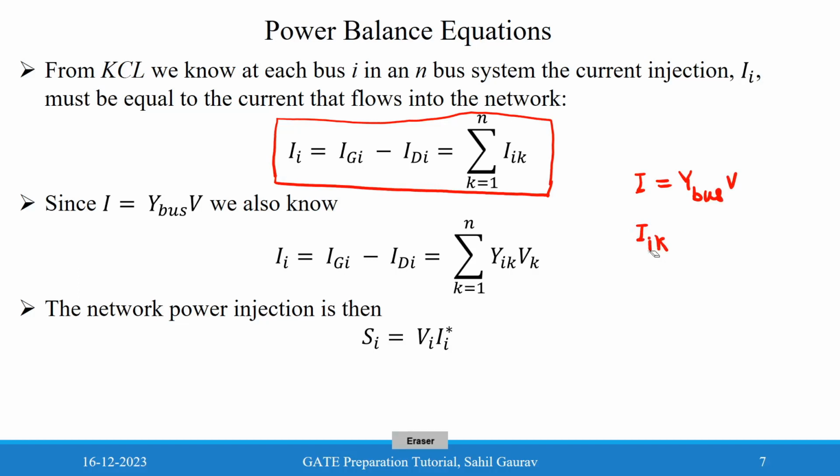So how can you write I_i, the current injected at bus I with respect to the different buses, that is K, denoted by K. We can write it as Y_ik, that is the admittance value of the line ik, where I is the bus at which we are finding the current injection, and K is the bus with respect to which we are finding the current injection, times V_k, and V_k is the voltage at the different buses.